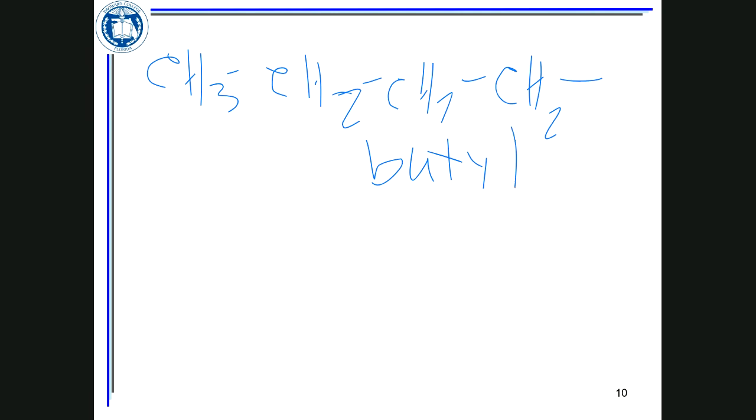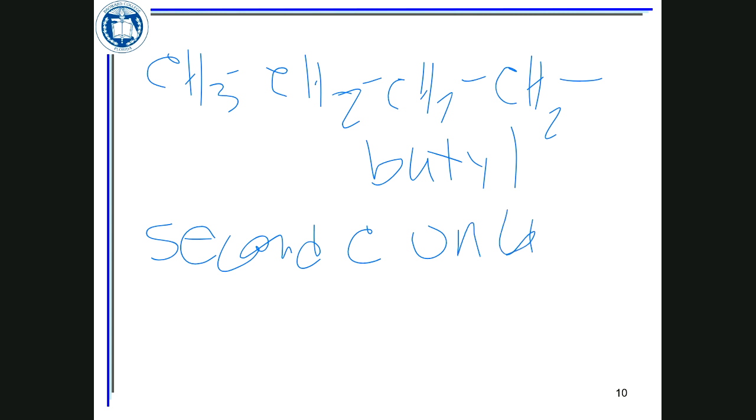Now, if it's attached from the second carbon, we are going to stay with the definition of iso for a methyl group on the second carbon. That is going to make it easier for you. Isobutyl means that on the second carbon you have a methyl group.